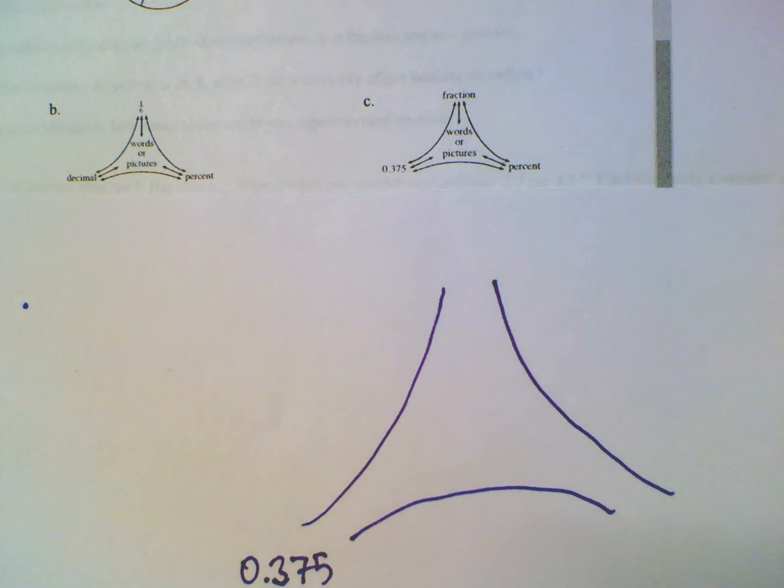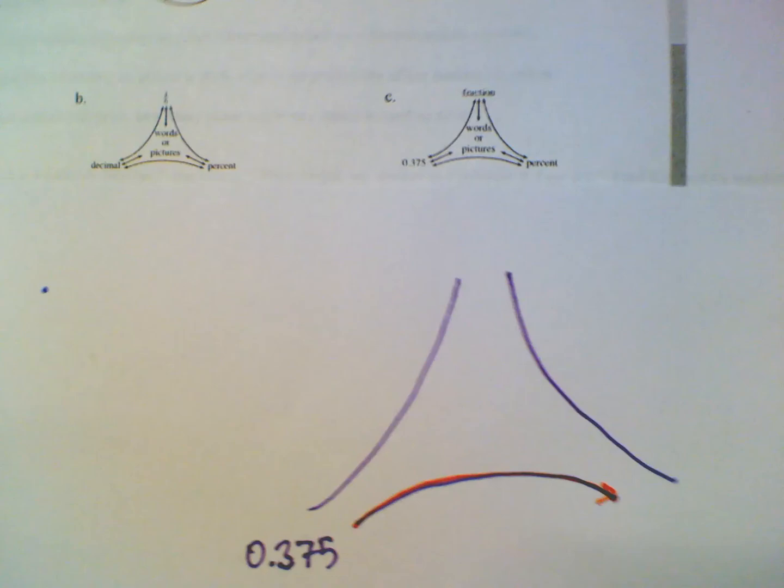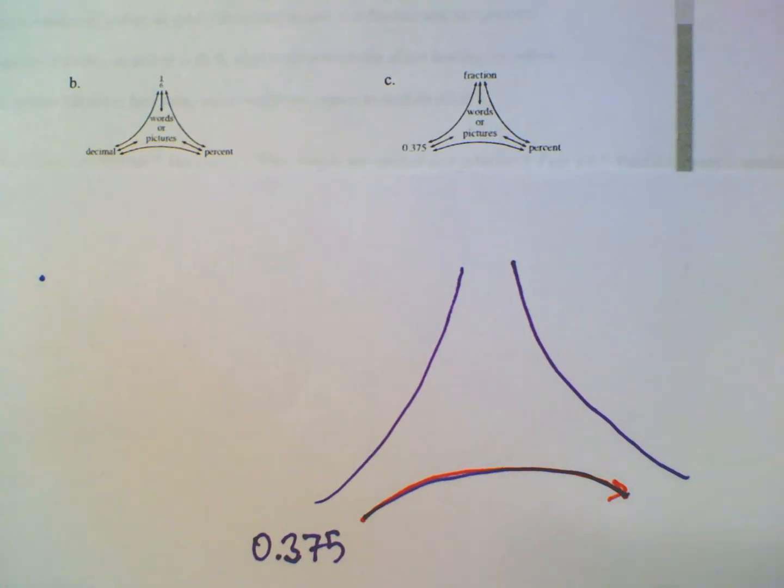So let's go this direction. Let's change this over to the percent first, just like what we talked about. What do you do to get there? If you multiply by 100 and move that decimal place twice over, you're going to get 37.5%. So what I did is I multiplied by 100 to get to a percent, and I just moved the decimal place twice over.